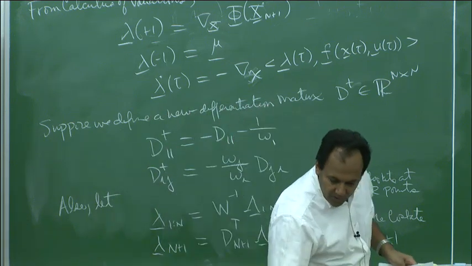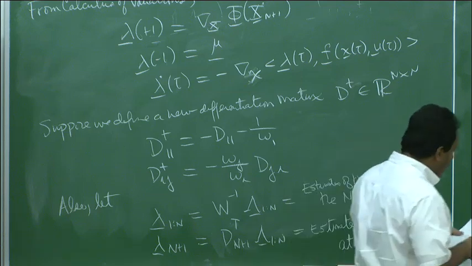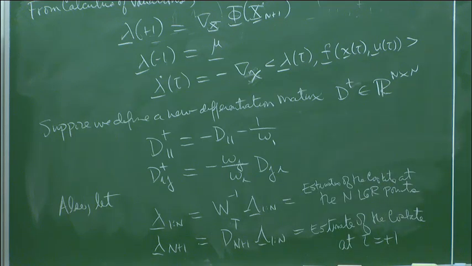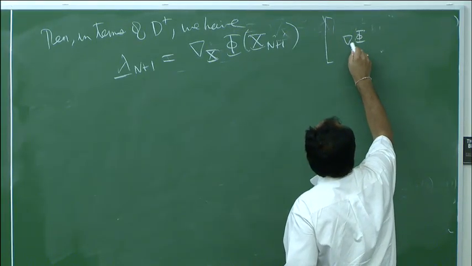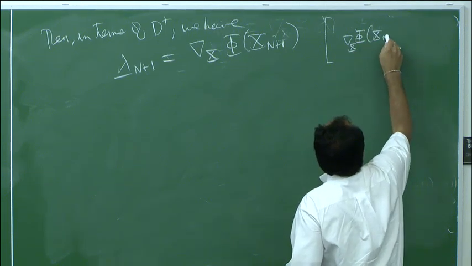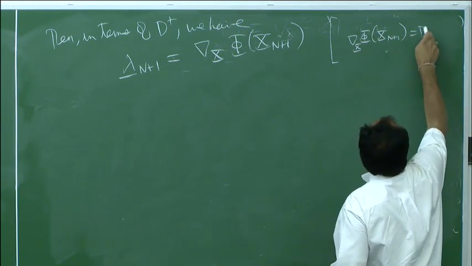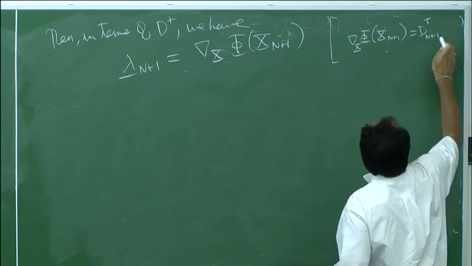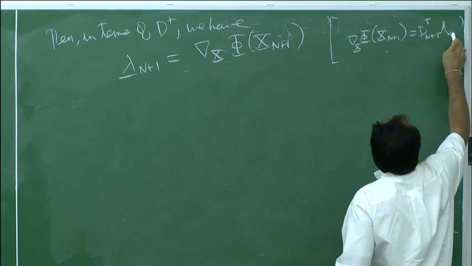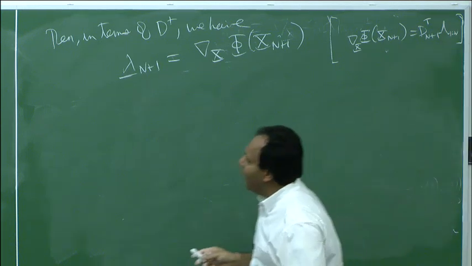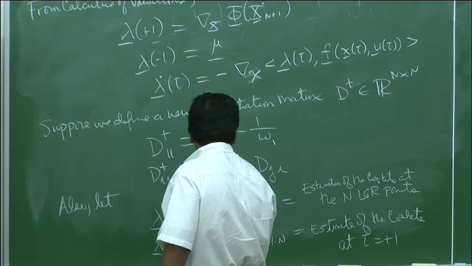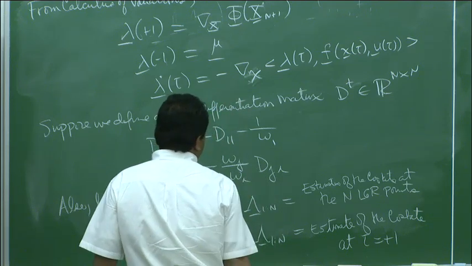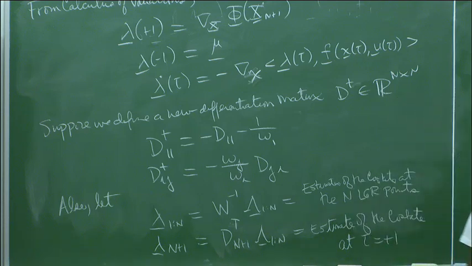And if you look back at the condition we got earlier, which I just erased, the gradient with respect to x of phi of x N plus 1 was equal to D_(N+1) transpose times Lambda 1 colon N. So given the way we've defined little lambda N plus 1, the costate estimate at the final point, it's equal to D_(N+1) transpose times these multipliers. It turns out that this is the same, right?